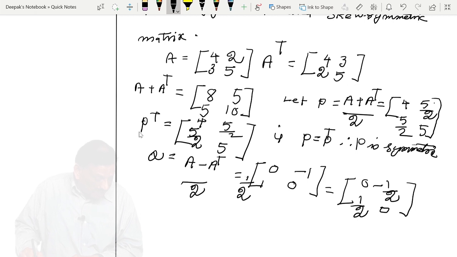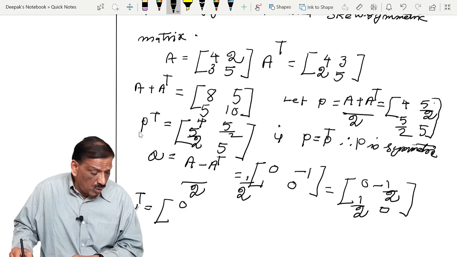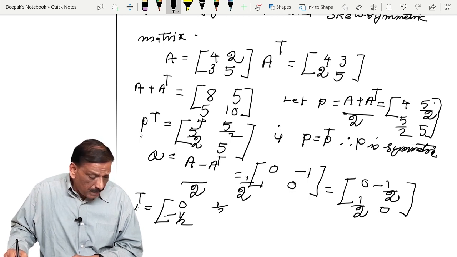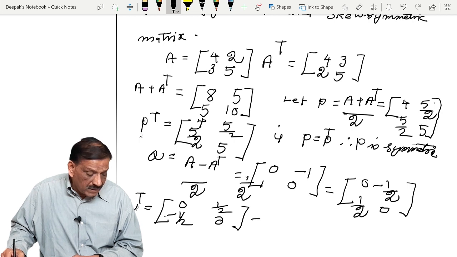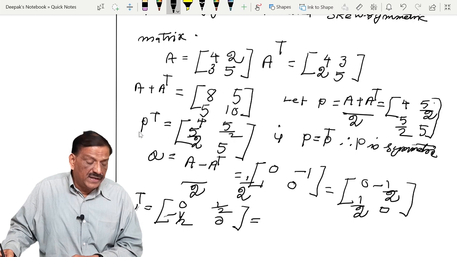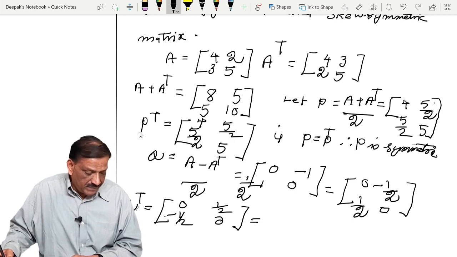Then Q transpose equal 0, 1 by 2, minus 1 by 2, 0.